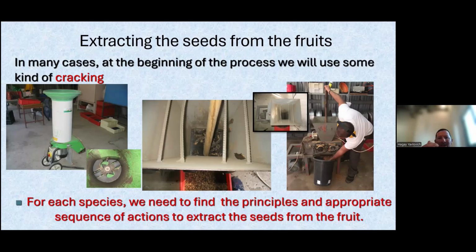So you must find the sequence for every species, how to separate the seeds from the fruit with all the machines and all the equipment you have. And you have to remember that you can use water, wind, size, and weight, as I said before.